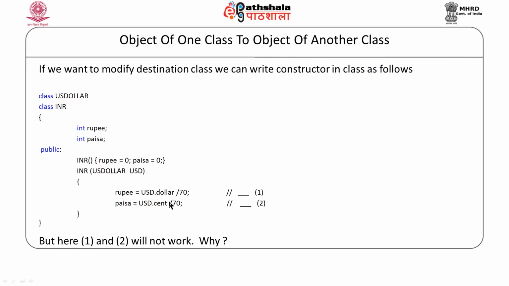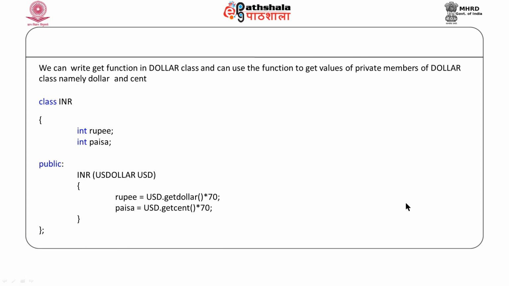So, these two statements will not work. Here I am trying to access the private member of US dollar class in a member function of INR class. So, this is an outside function for dollar class, hence the access is not provided. These are private members of US dollar class, but we need these values to perform the conversion. So, what do we do? Well, there are two things that we can do.